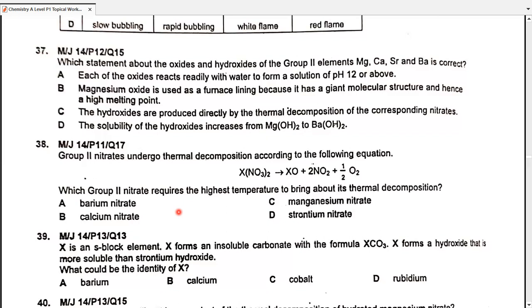Each of the oxides reacts readily with water to form a solution of pH 12 or above. Magnesium oxide, calcium oxide, barium oxide react readily with water.